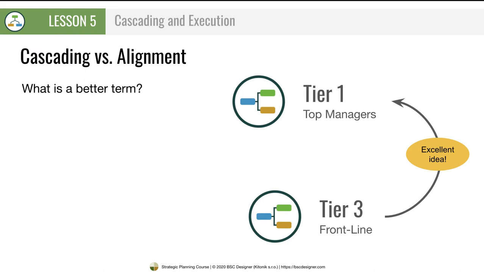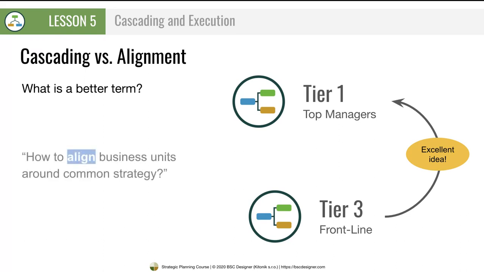A better term would be alignment. It describes the same idea of achieving the coherence between objectives of different levels, but it does not prescribe a specific direction to follow. Instead of asking how to cascade strategy to all business units, ask how to align business units around common strategy.